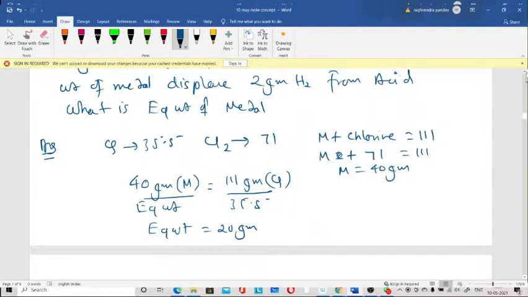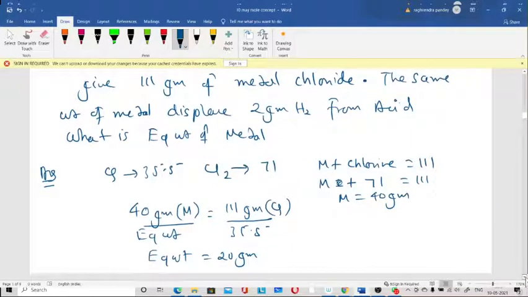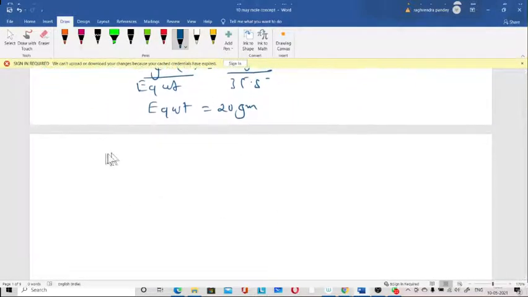But this is also given. Although if you don't know this one, there is no problem, but let's do something about this. The metal is displacing 2 gram of hydrogen. I told you that when 1 mole of H2 is released by a metal, 1 mole H2 is your 2 gram, so that is one and the same thing.